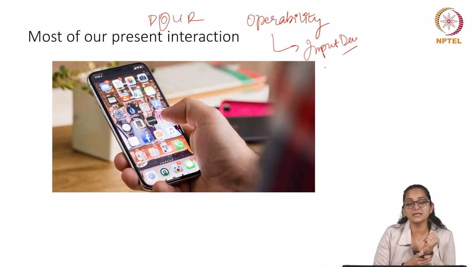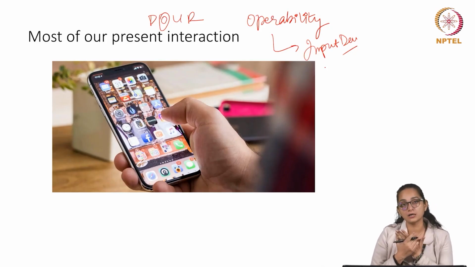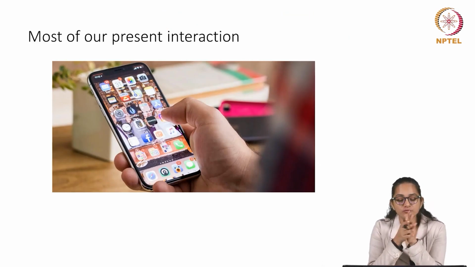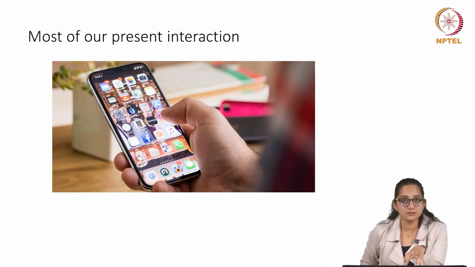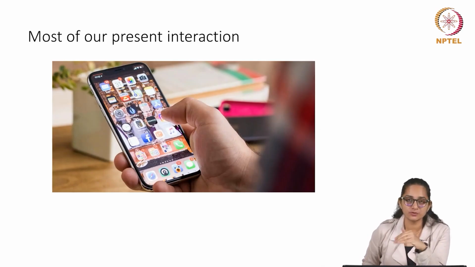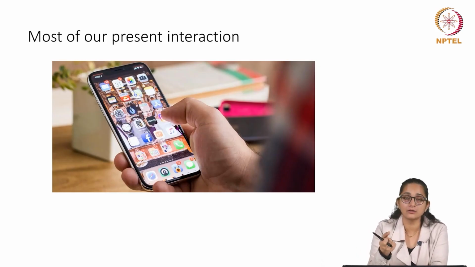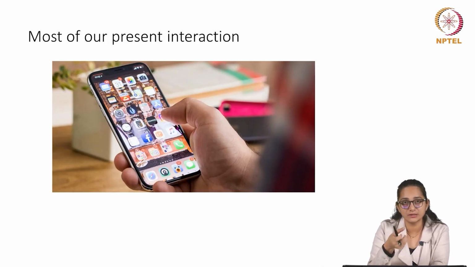But this basically assumes a lot of abilities, including cognitive, motor, physical, and visual, in the absence of which this kind of basic interaction also becomes a little bit difficult.